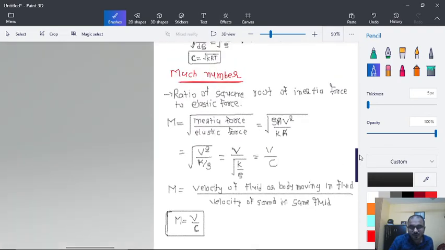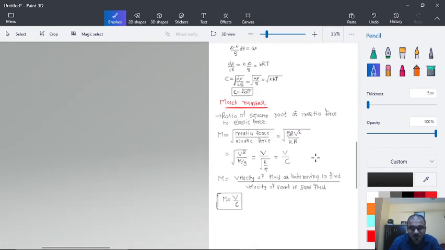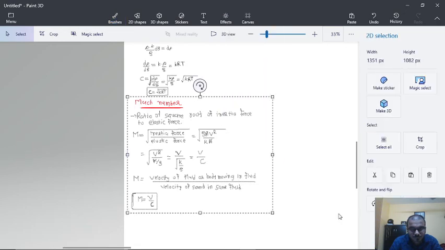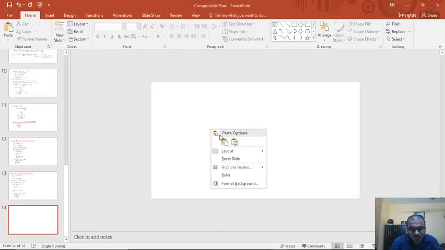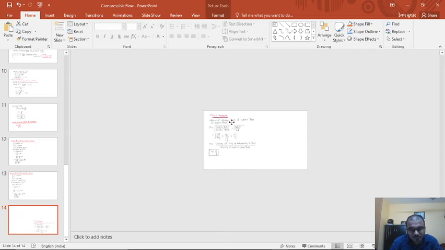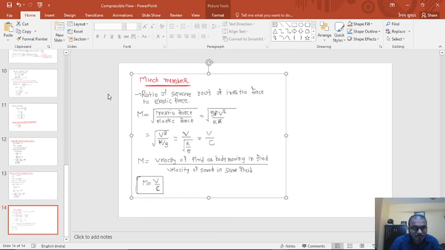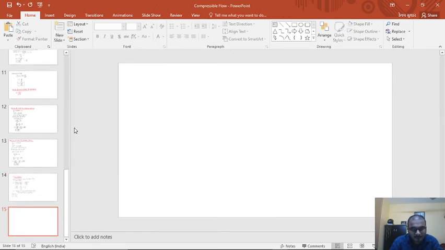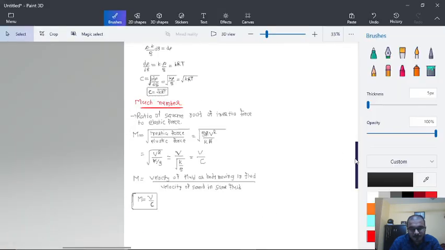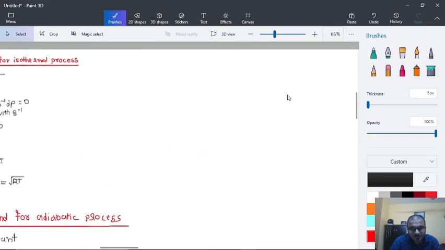Okay, now let's copy this part first into our main slides. Now let's classify the fluid flow here.